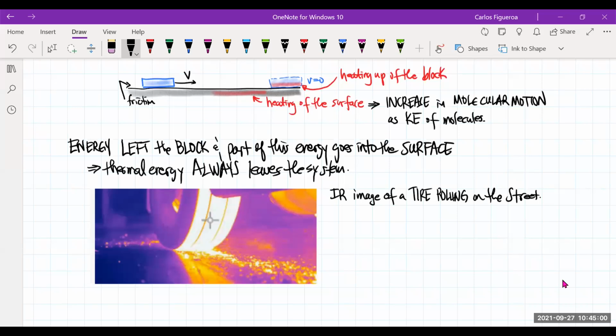There's a couple of things that you should know too. What does it say here? The white tells us that it's really hot.